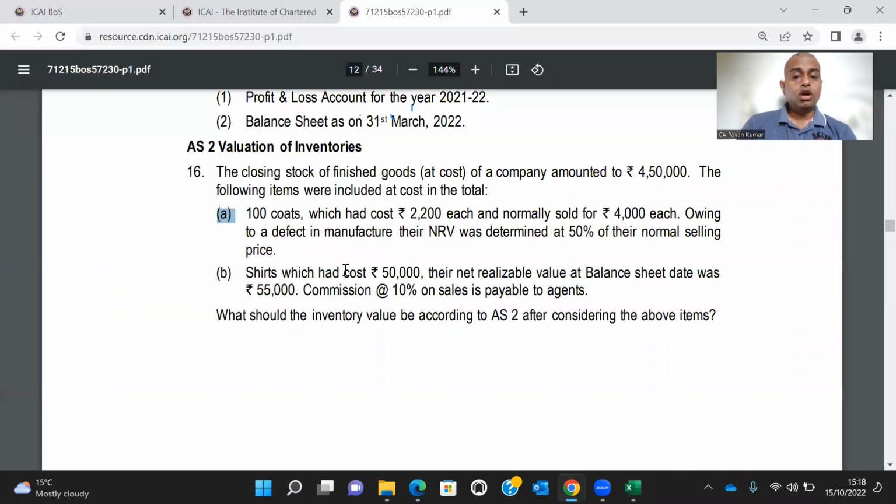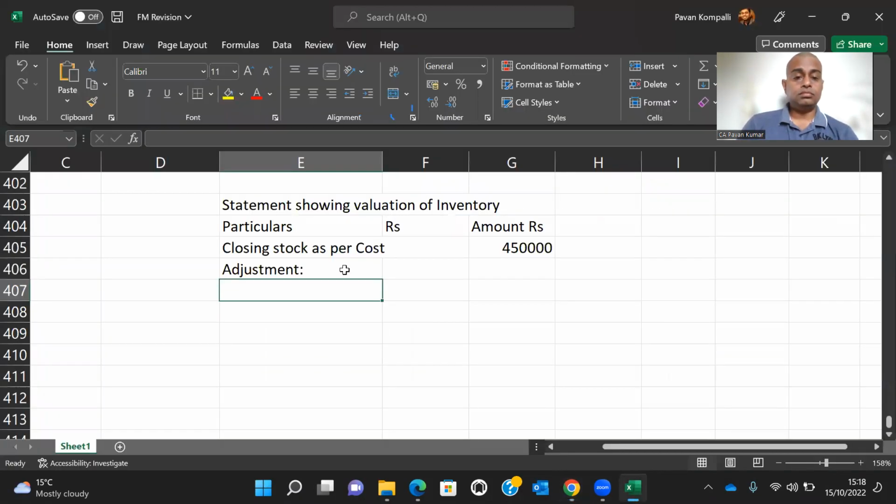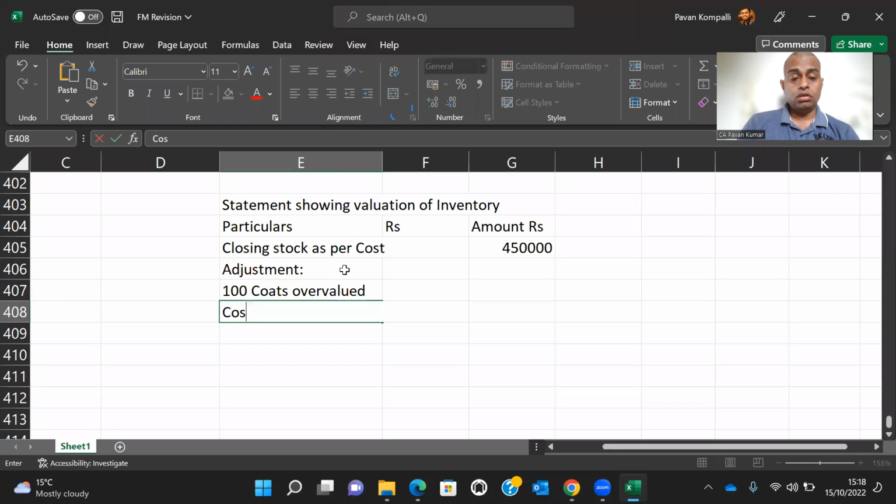What is the adjustment required? Quotes, 100 quotes overvalued. What is the rule? Cost or NRV, whichever is lower. Lower of cost or NRV is to be taken.